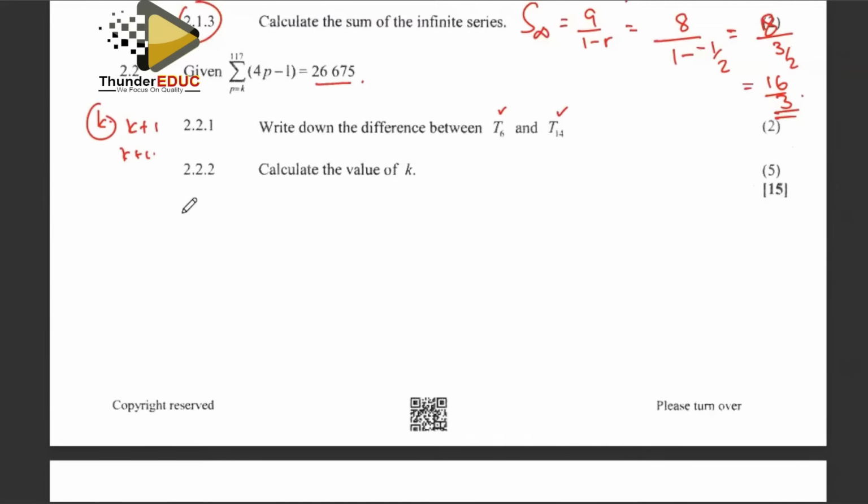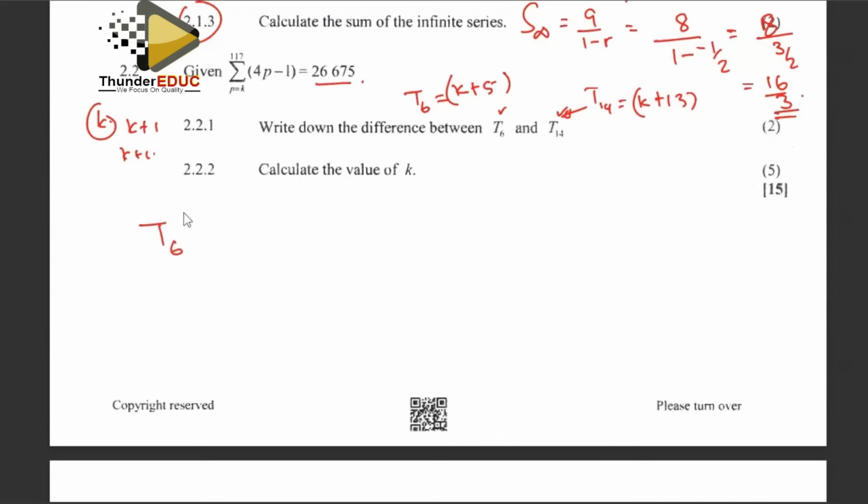So what I'm going to do is, for me to get T6 from here, I'll have to replace the p with k plus 5. And for me to get T14, I'll have to replace the p with k plus 13. So let's do that and see.